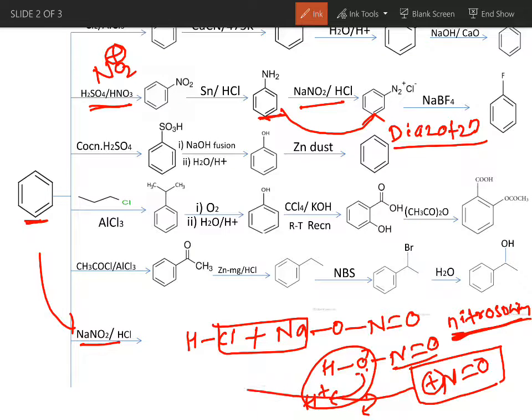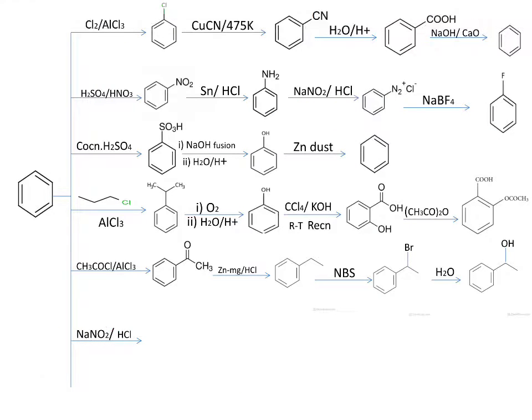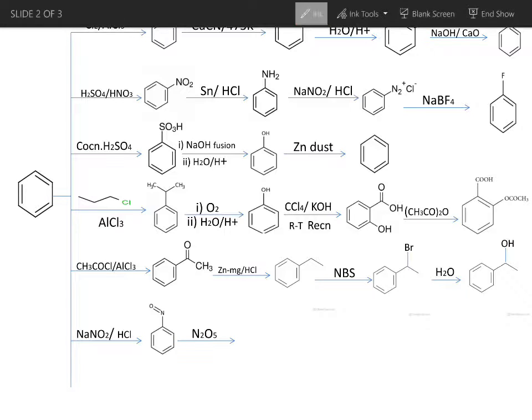Now this electrophile attacks the benzene ring and gives a compound, nitrosobenzene. Now this nitrosobenzene is further reacted with N2O5 and heated.